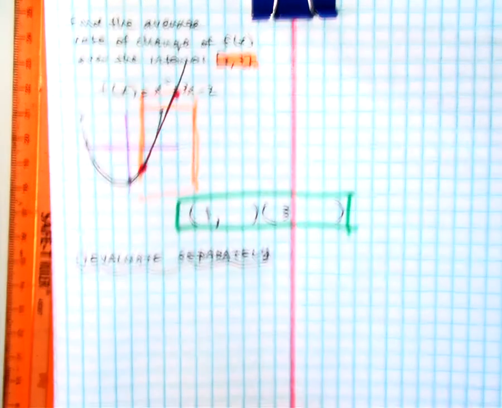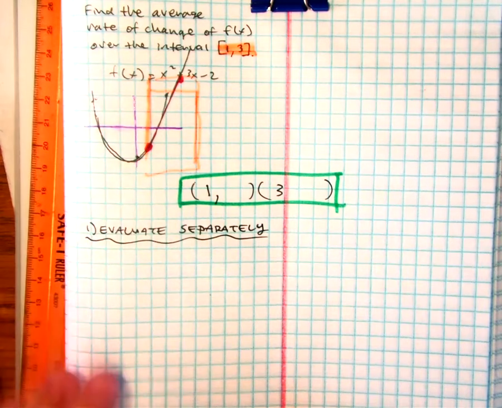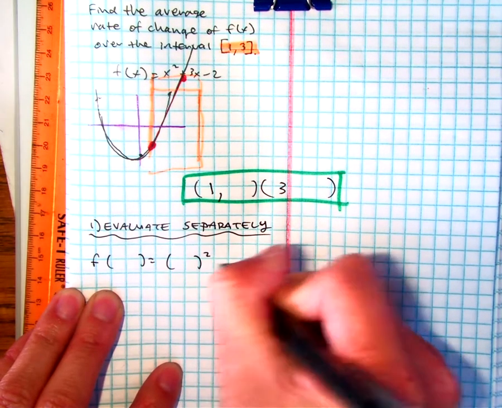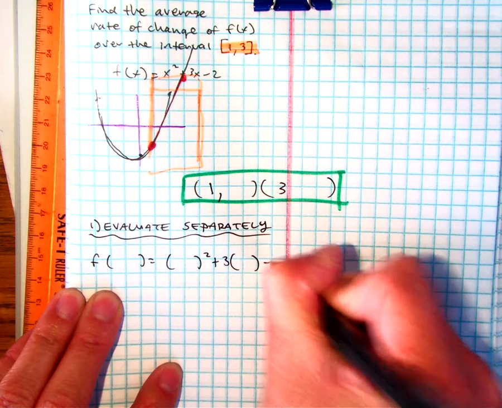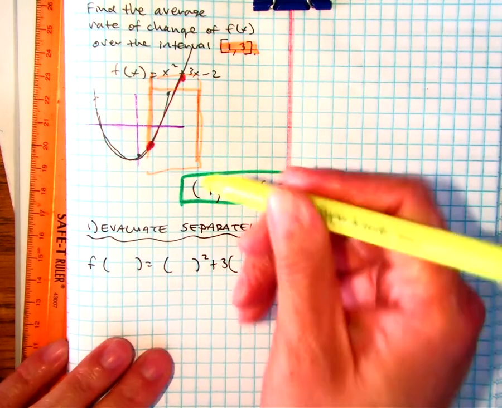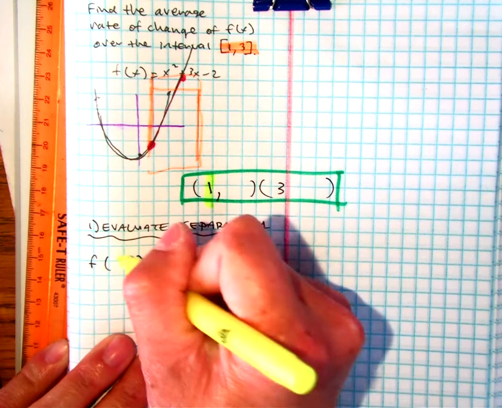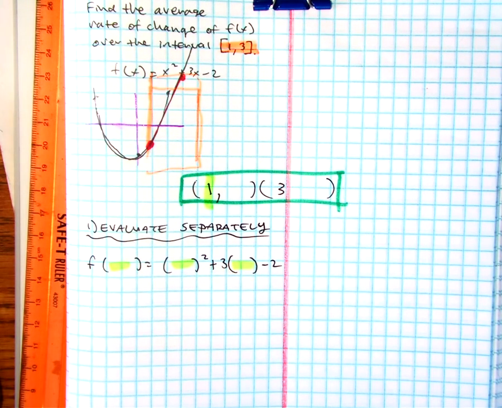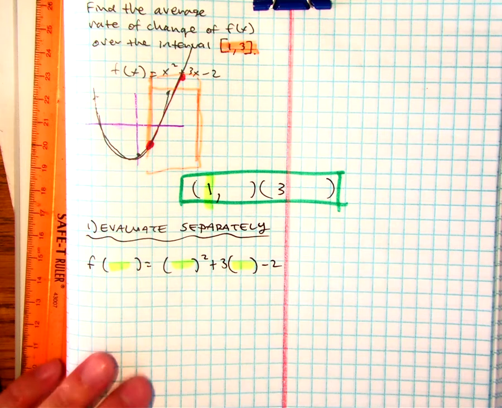So what I'm going to do here is take my function and take one of my coordinates. There's my input of 1. Again, you can always do this with your calculator.